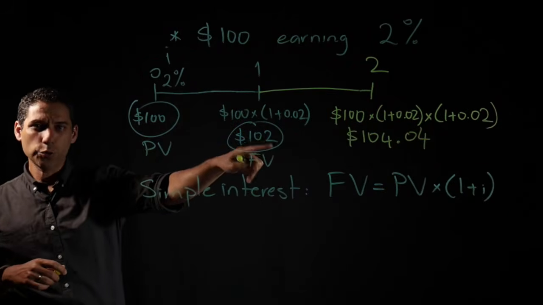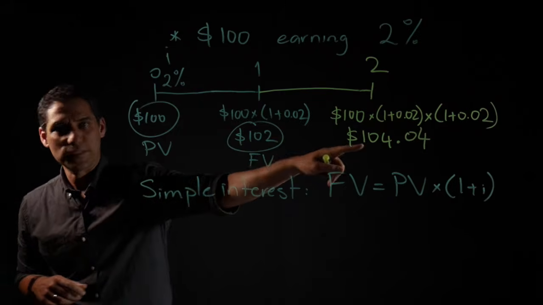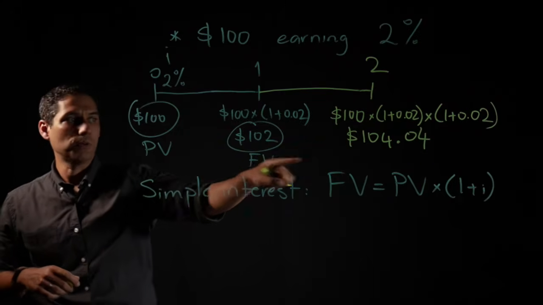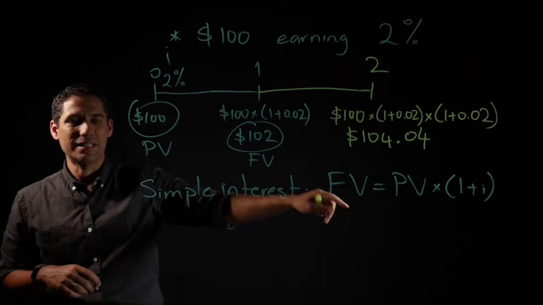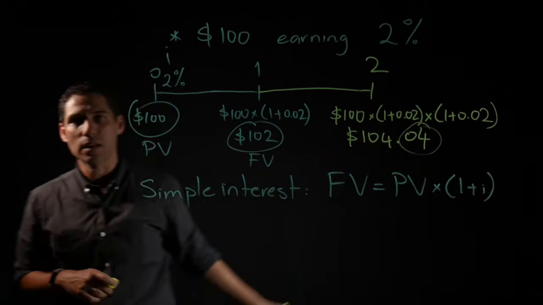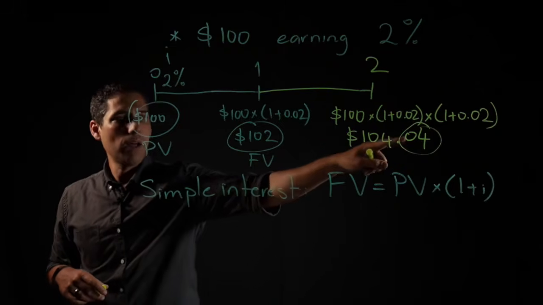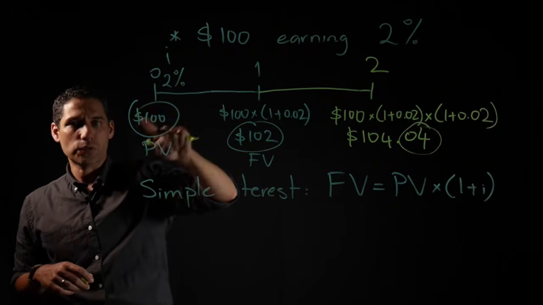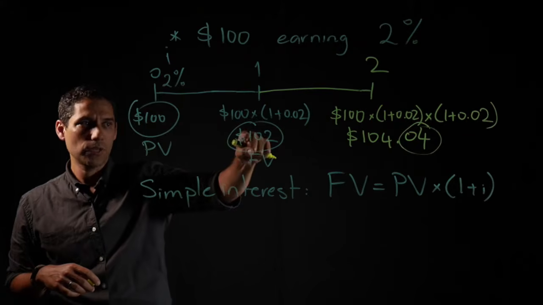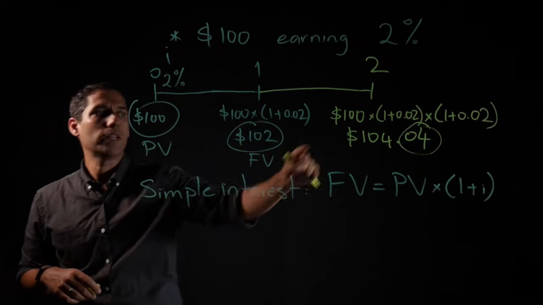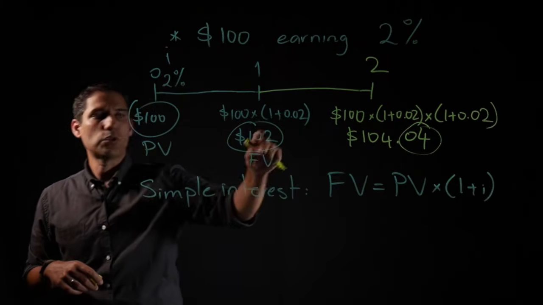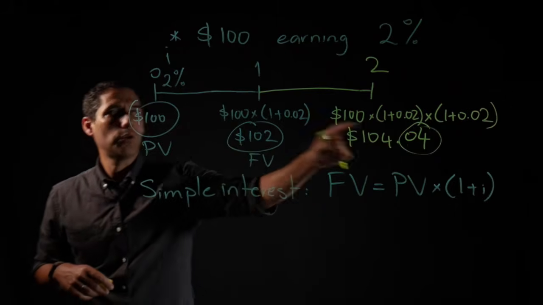So we didn't just earn $2 interest, we didn't just get to 104 like we did in the first period, right? We earned $2.04. Where is that extra 4 cents coming from? That's compound interest. That extra amount is the interest earned on the interest from the first year. $100 earned another $2, but the $2 from year one earned 4 cents.